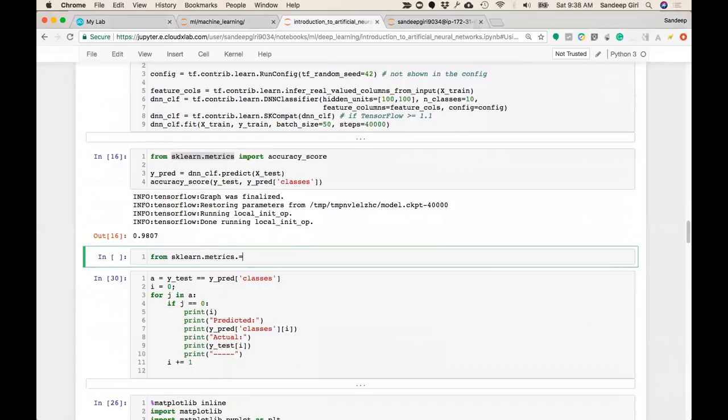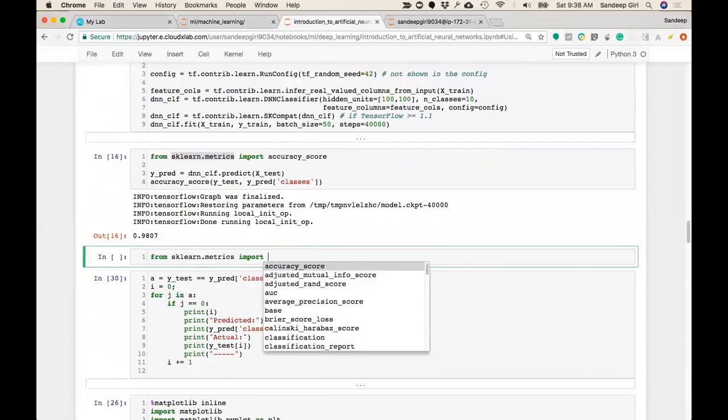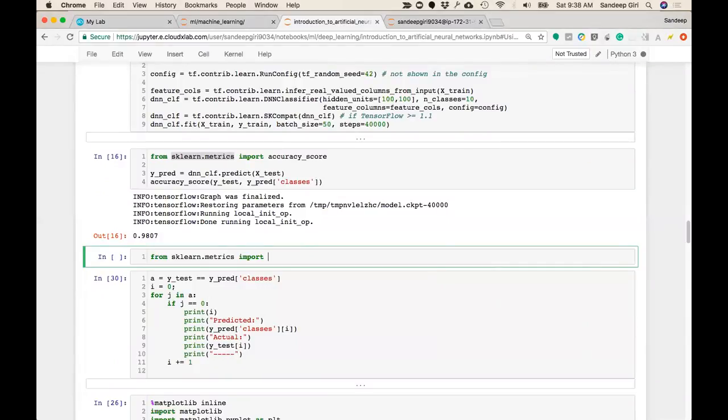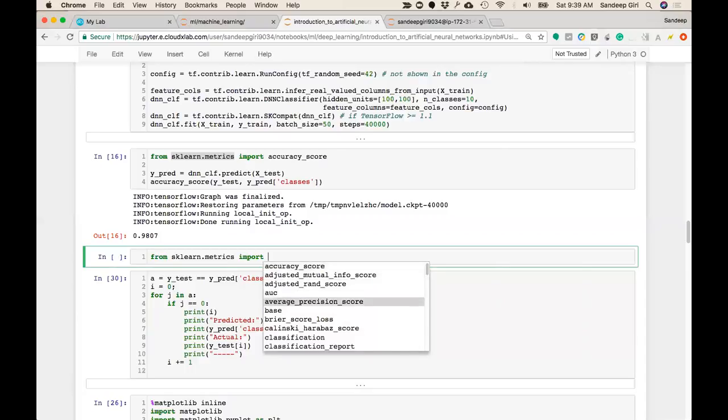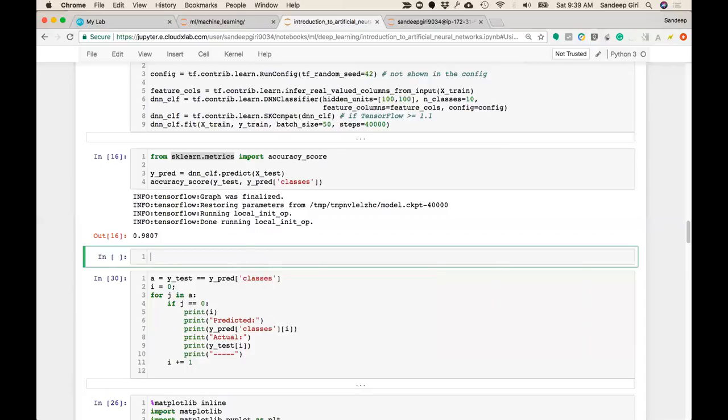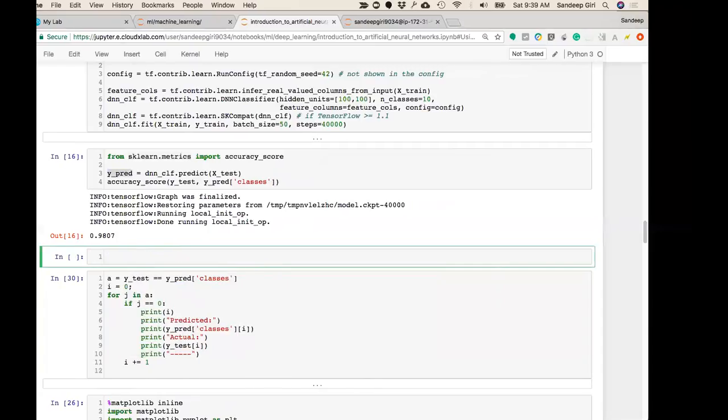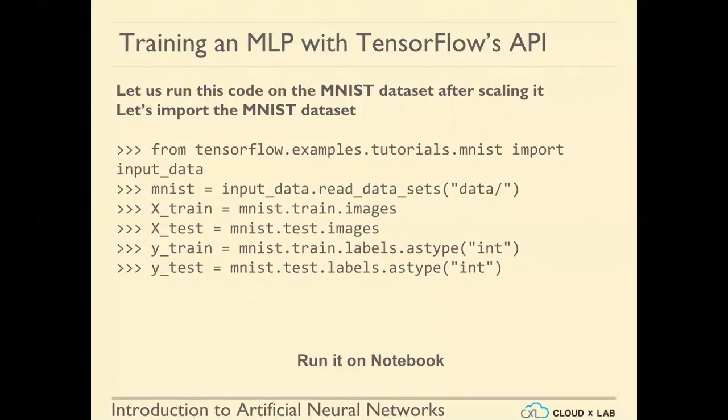From this import, I've just pressed the tab. You can press the tab and see. Similarly, if I want to find out what methods are available, I could press tab. So using tab, you can get them. All right, great question.